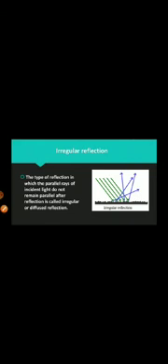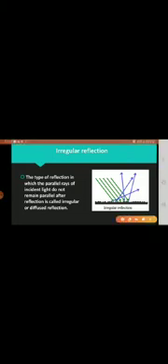Now come to what is irregular reflection. The type of reflection in which the parallel rays of incident light do not remain parallel after the reflection is called irregular reflection or diffused reflection. Here you can see, students, the incident rays are parallel to each other.